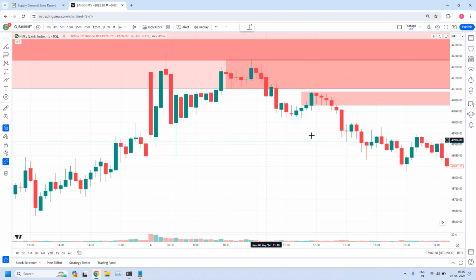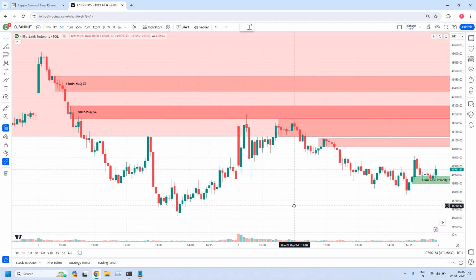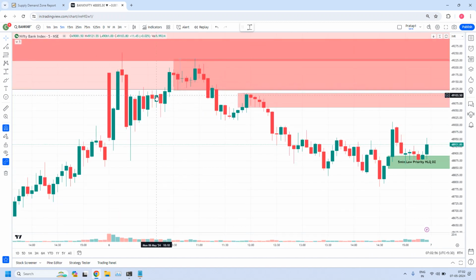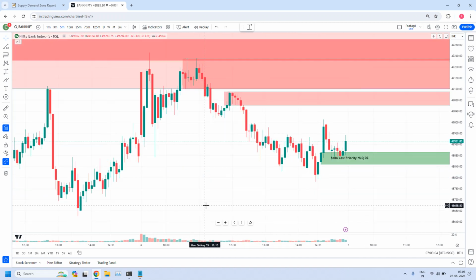Because it is an LOTL zone, this zone might be violated and the prices may pick up the orders, rally, 2 base candles and drop. Or maybe from this edge of this 5 minute high liquidity supply zone, it will touch and then again come down, like what happened yesterday in the second trade. See here, prices just touched and came down. The same thing might happen today also. That possibility is also there.